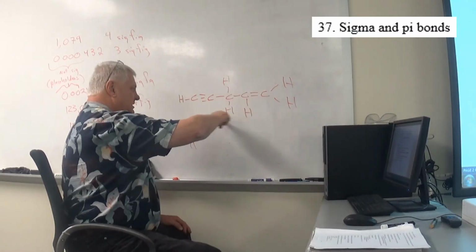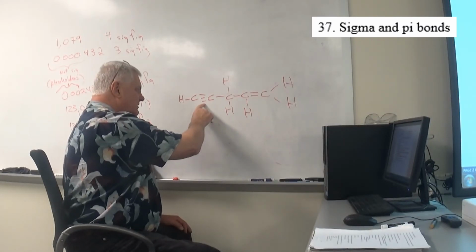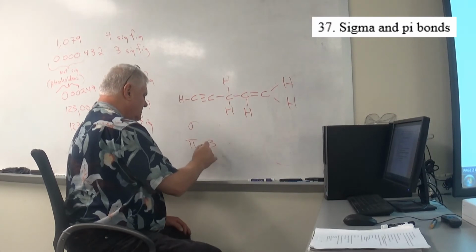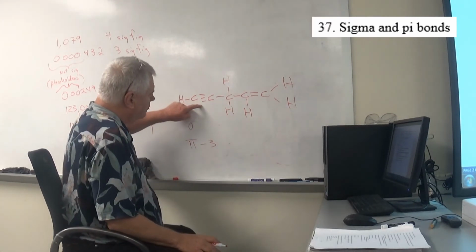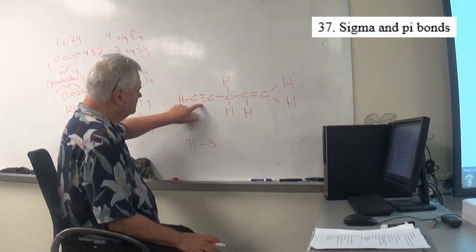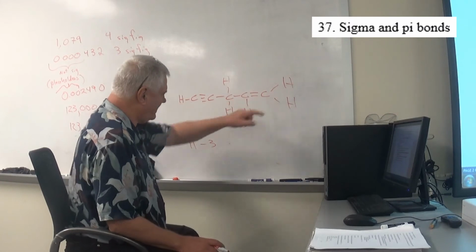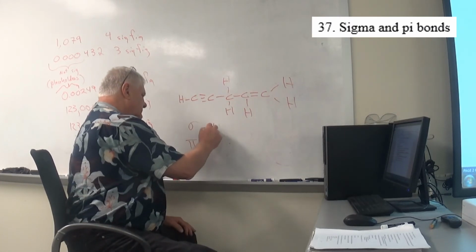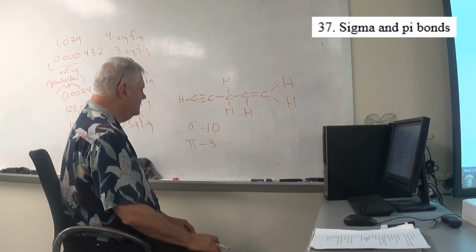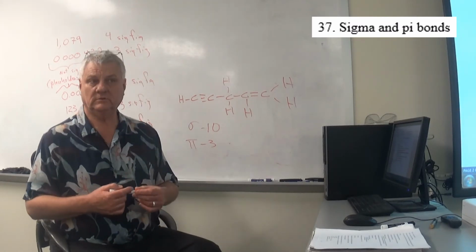None of the single bonds have pi bonds. So there's 2 here and 1 here, and that adds up to 3. And then there's 1 sigma bond here and 1 here, and then all the others: 1, 2, 3, 4, 5, 6, 7, 8, 9, 10. So for this molecule, there's 10 sigma bonds and 3 pi bonds. Okay? Everybody see how we did that?